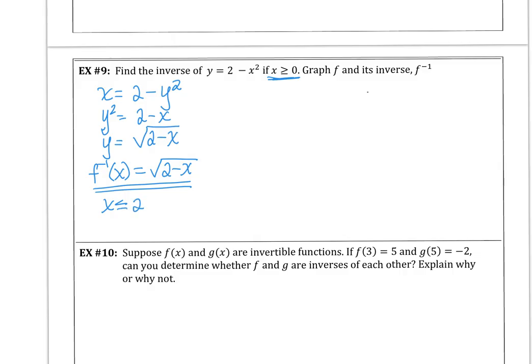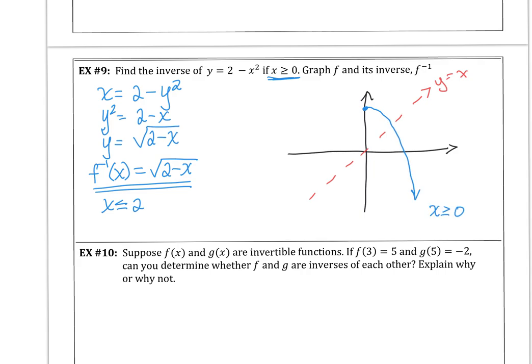So you should have a piece of graph paper here. Mine's left off on our notes. But looking at the line y equals x across the identity here, this is y equals x. Our f of x function is 2 minus x squared. It's a half of a parabola for x greater than or equal to 0.